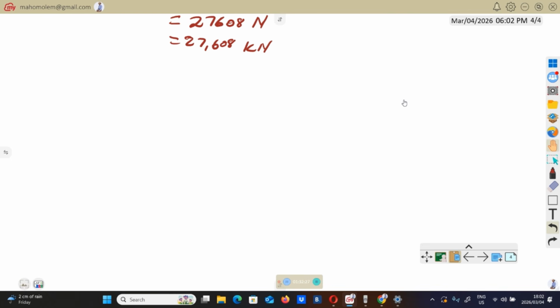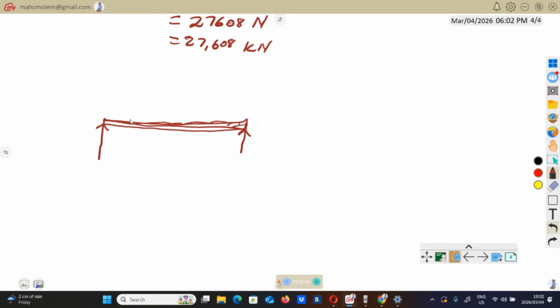So you will have your beam like this. I have drawn it for you in 3D. So this is that beam, I-beam. You will have the supports here.